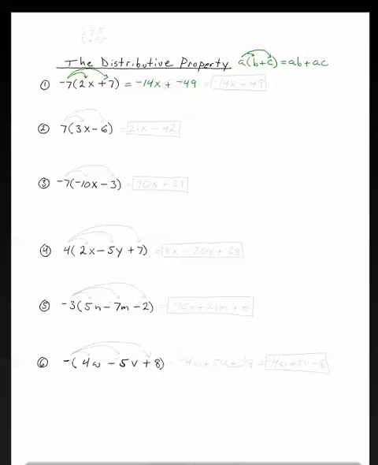Now, we have an x term and a constant term, so we can't combine those because they're unlike terms. So the only thing left to do is change our plus negative back to subtraction. So negative 14x minus 49.